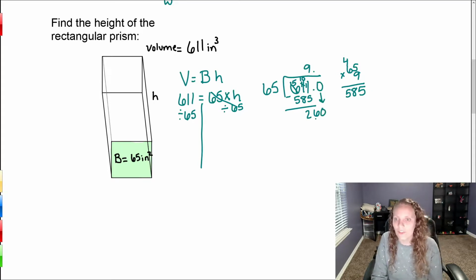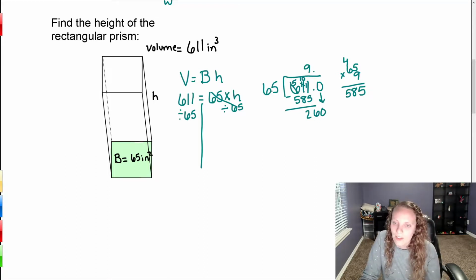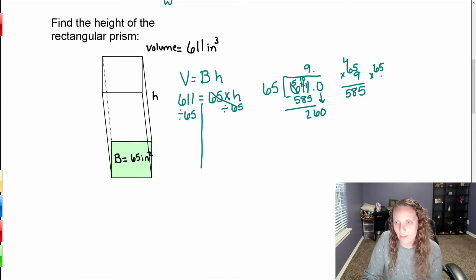Now 65 will go into 260. Let's try 3 times. So 65 times 3. 5 times 3 is 15. Carry the 1. 3 times 6 is 18 plus 1 is 19. Well, it might go in some more.